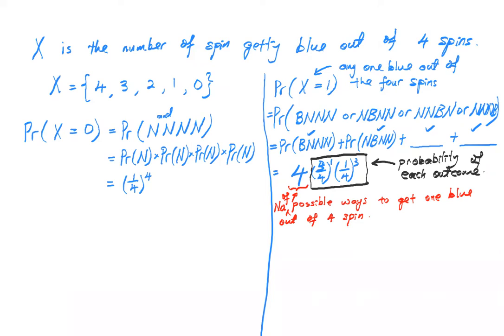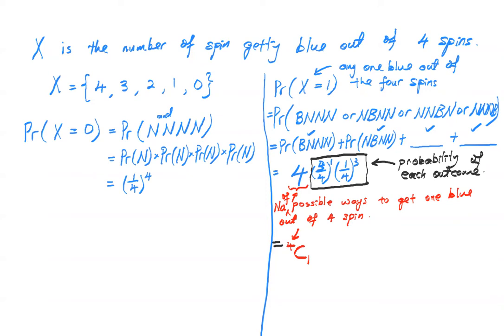So the formula goes this way. To get the number of ways, you use 4C1. So now you know, combination. Do you get me? To get the number of ways to get 1 blue out of 4 spins.